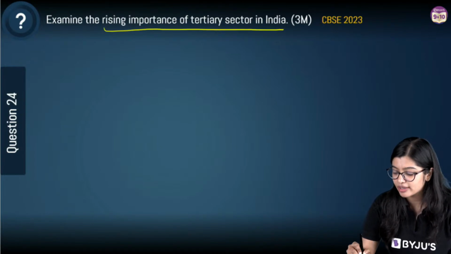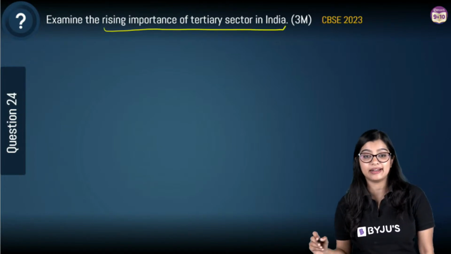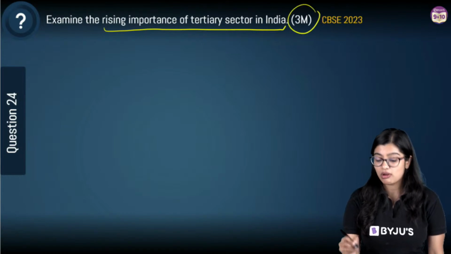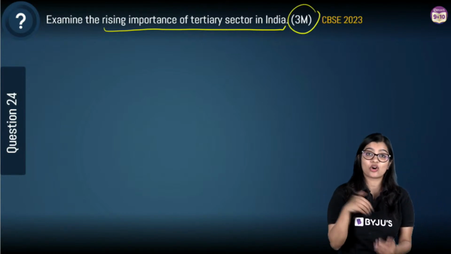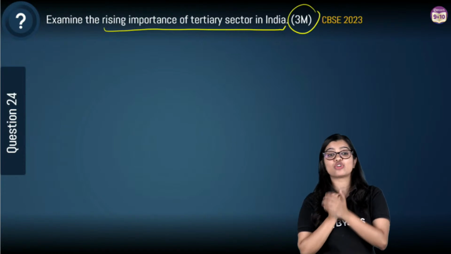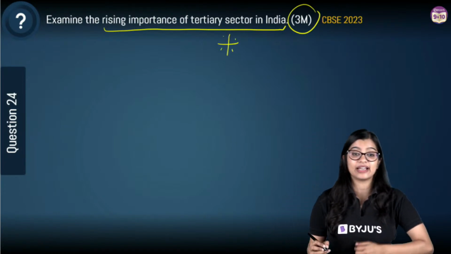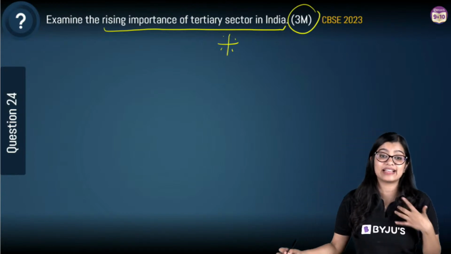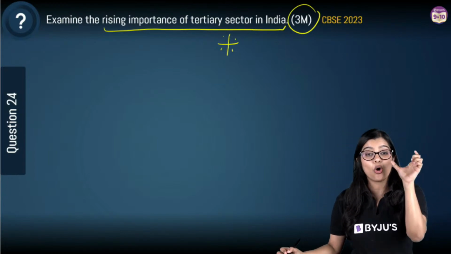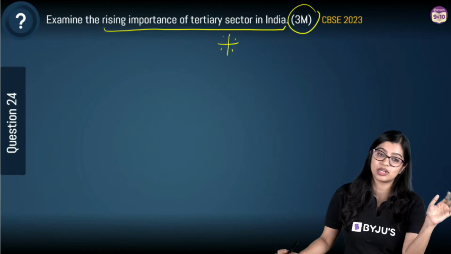Examine the rising importance of the tertiary sector in India. Like I told you, I made it very clear that the question on the tertiary sector is a short question. Why is the tertiary sector in India increasing, or why is there a rising importance? There is a whole paragraph dedicated to the importance.